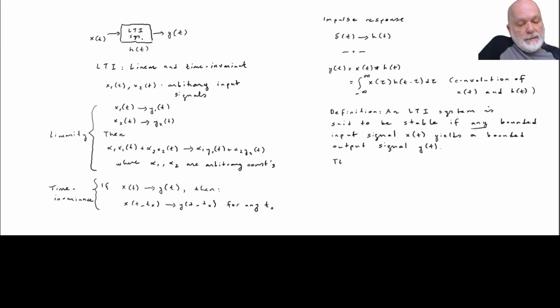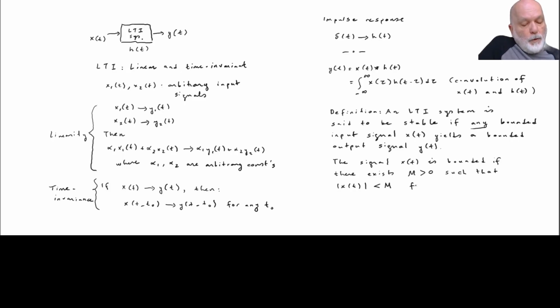The signal x of t is bounded if there exists m greater than 0 such that x of t is less than m in magnitude for all t.